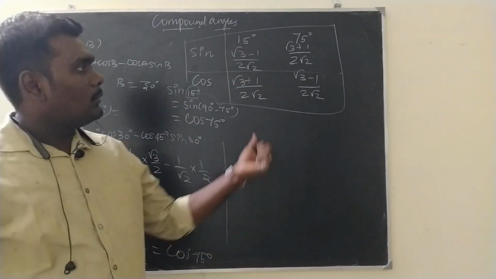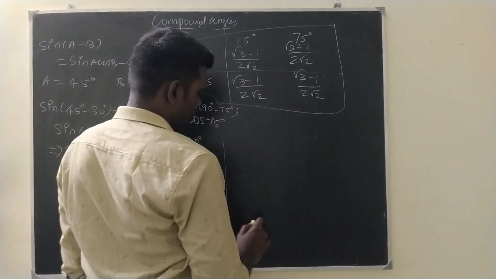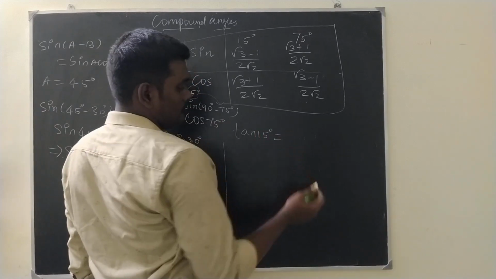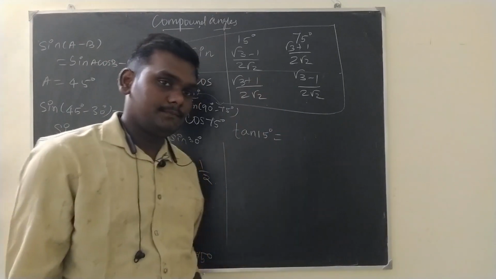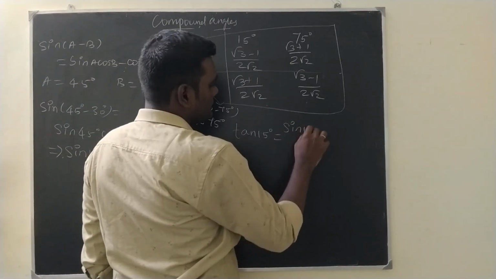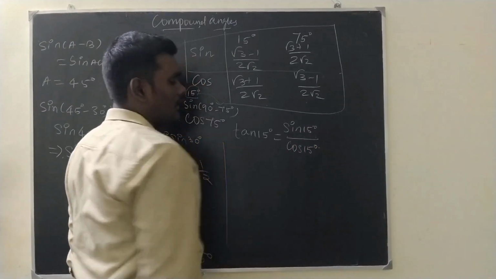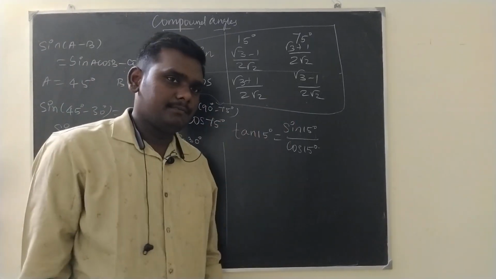Now what would be the value of tan 15 degree? We may use sin by cos, or else we may go with the tan A minus B formula, 45 minus 30.